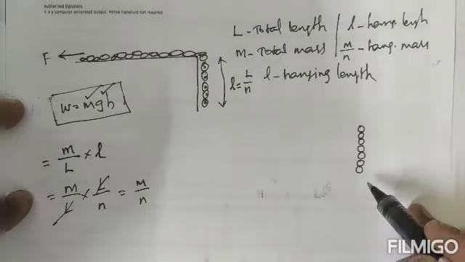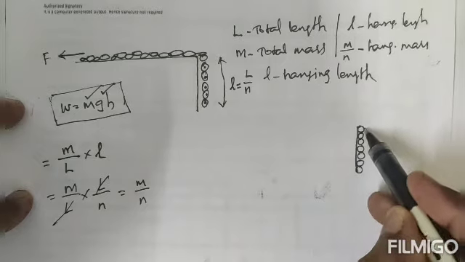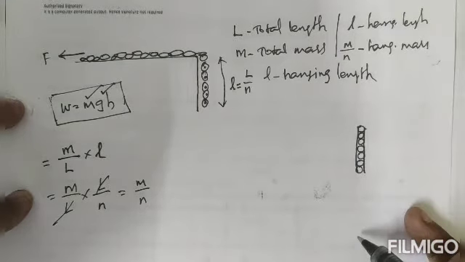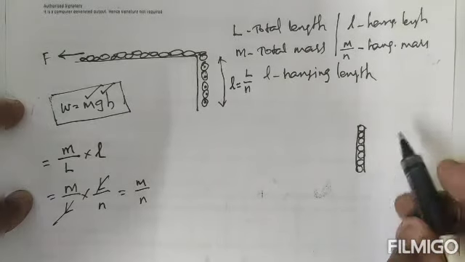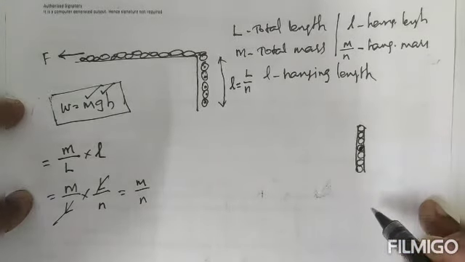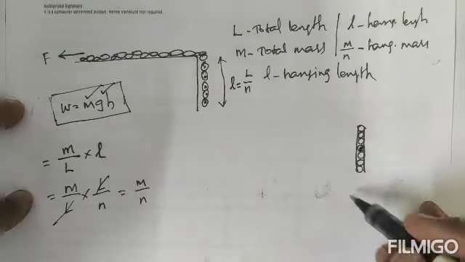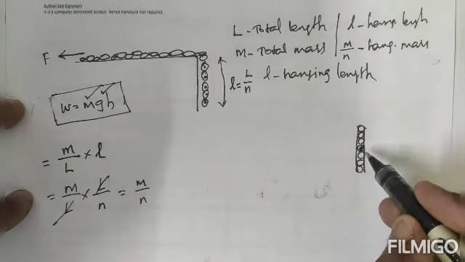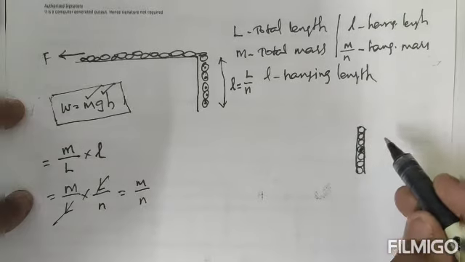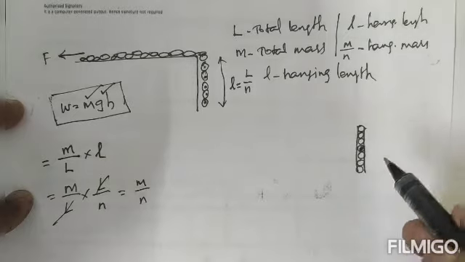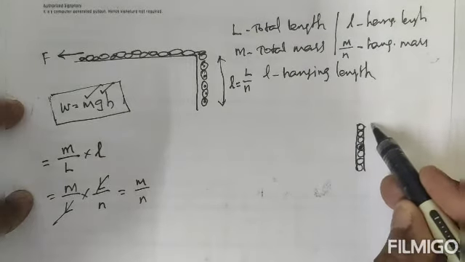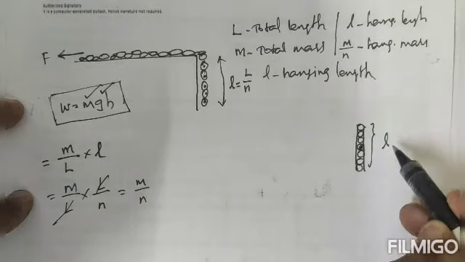For a uniform body, we can find the mass acting from its center of gravity. This mass acts at the center, so from the center of the body only we are going to calculate, the center of gravity of this body. So this total length is small l.